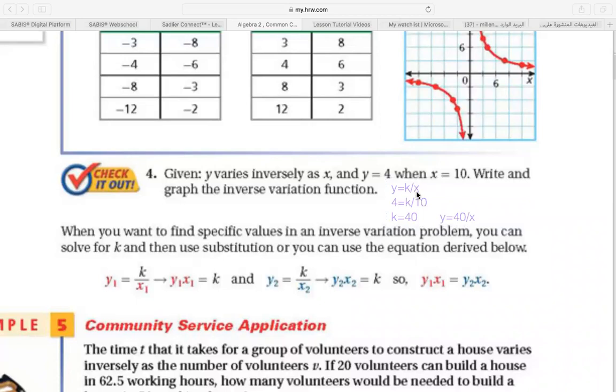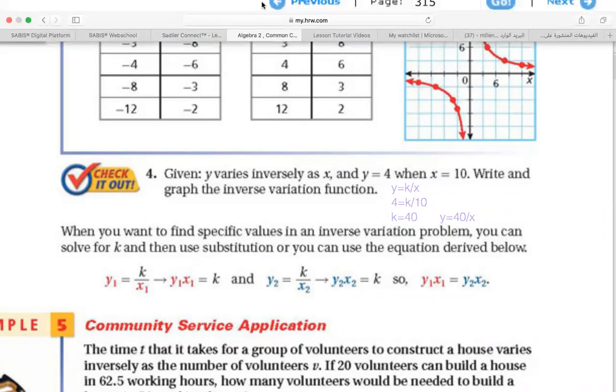By the way, you can choose any numbers that you want, for example, negative 2, negative 4, negative 6, negative 8, and choose their opposite signs.